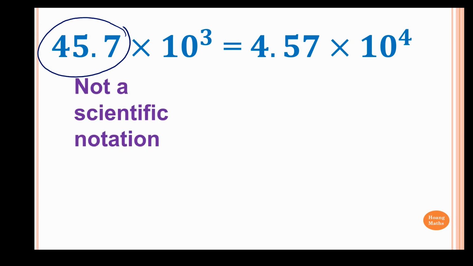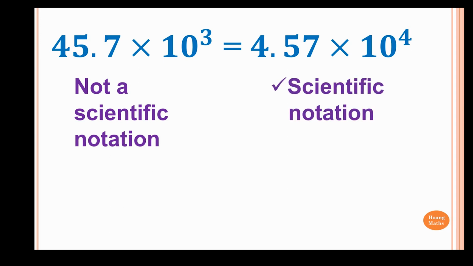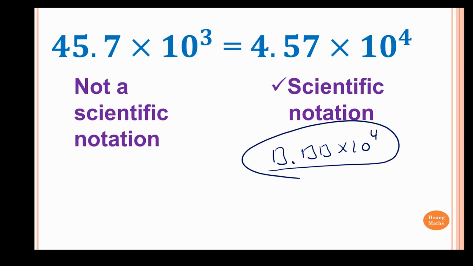Because of the second one, 4.57 is between 1 and 10, therefore it is a scientific notation. Or you can think like a number, point, some other numbers times 10 to the power 4. So this is scientific notation.